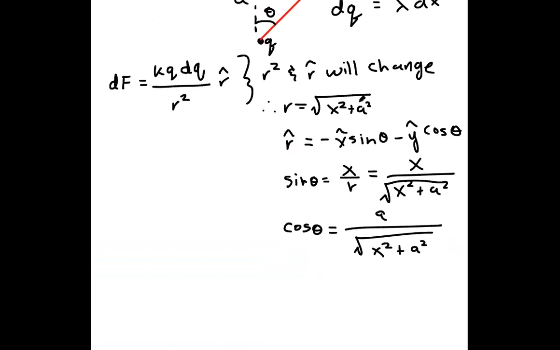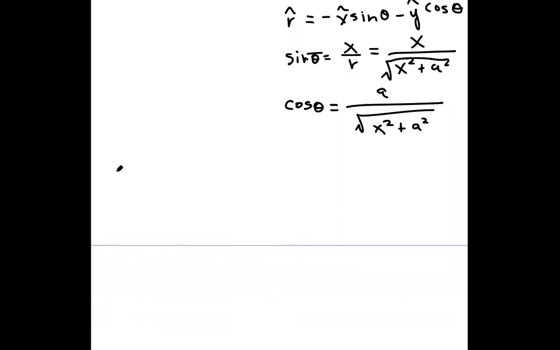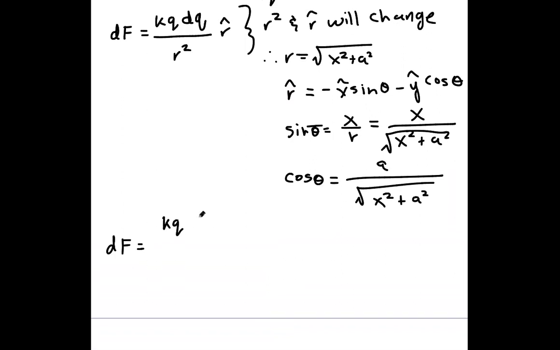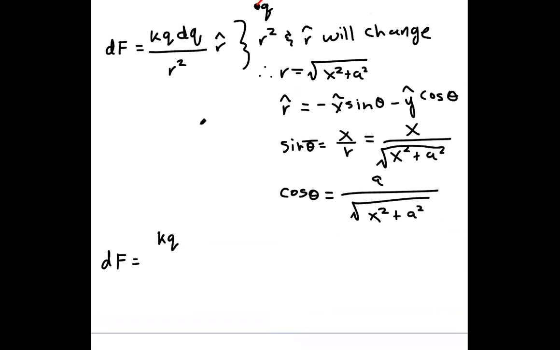All of these values that we got over here can be substituted into the original equation. So we know that now dF is equal to, let's see, kq will remain the same. Those will not change. Times dq. So dq is just lambda times dx. We know that already.